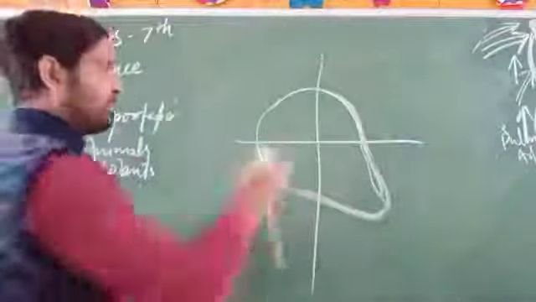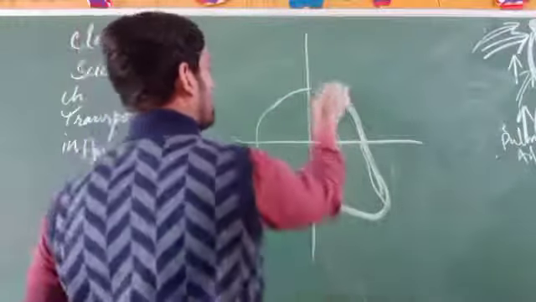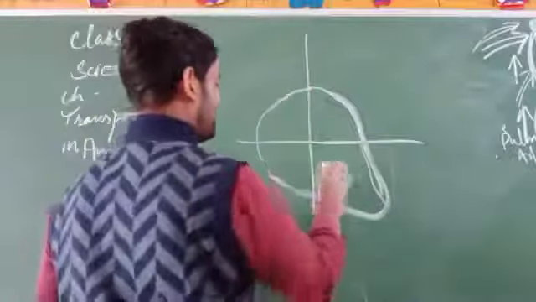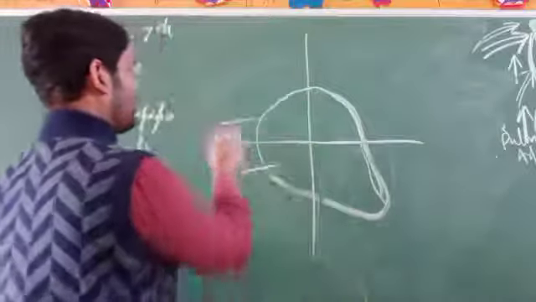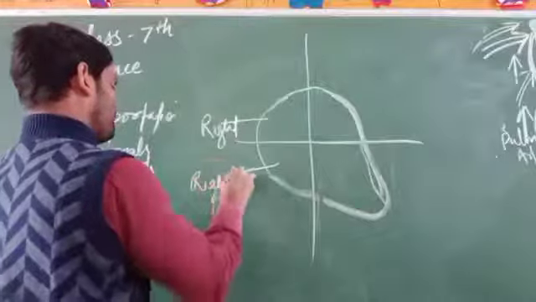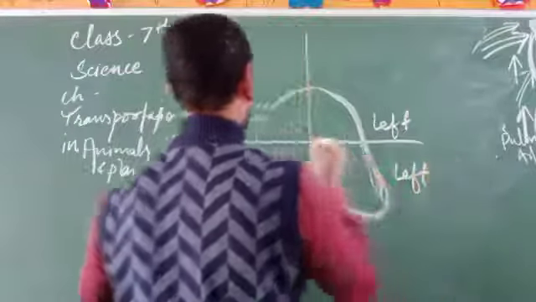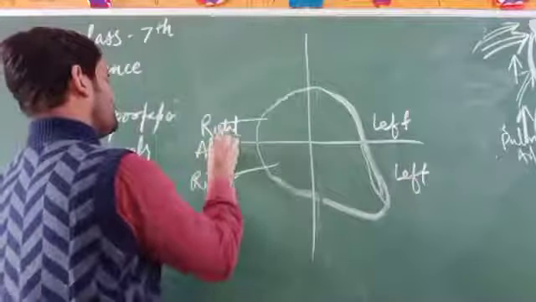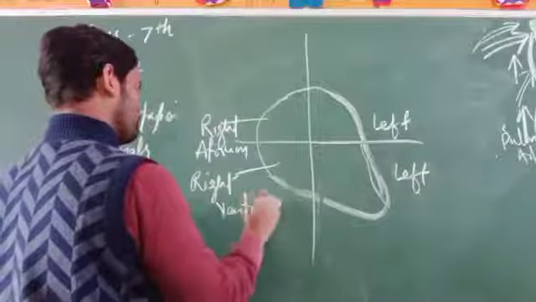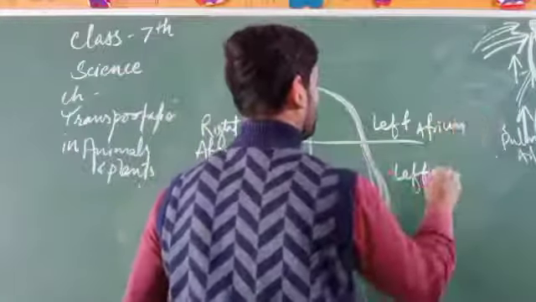Suppose there is a 4-chamber heart, and this 4-chamber heart is divided into 4 parts: right atrium and right ventricle, left atrium and left ventricle.